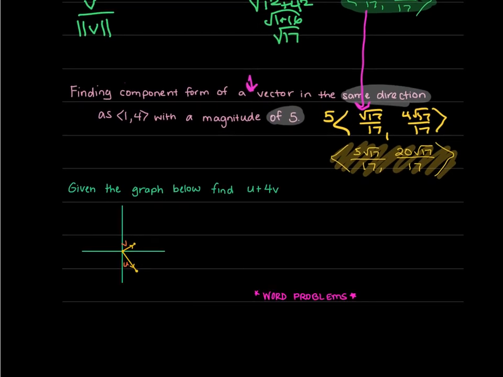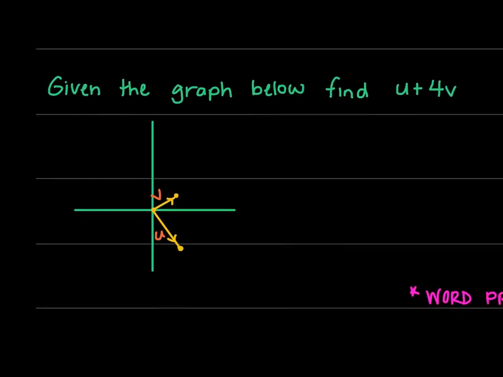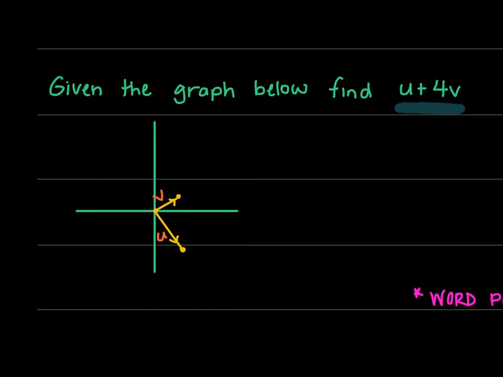We also graphed in this section, okay? So remember, if you're graphing the sum, then you're going to take the terminal point, draw a parallel line to the other side, terminal point parallel to the other side. We're making a parallelogram, and where they meet is the terminal point of the sum. For this one, it says find u plus 4v. So the first thing you do is quadruple the length of v, right?